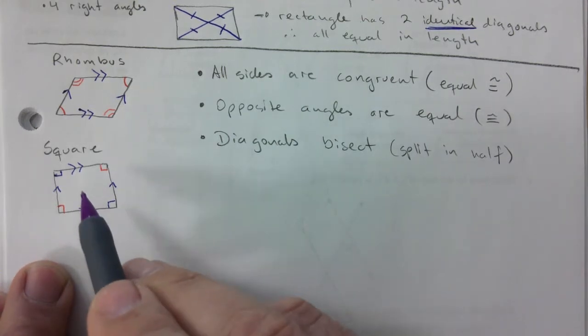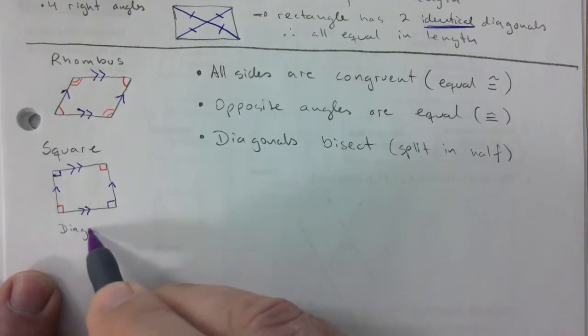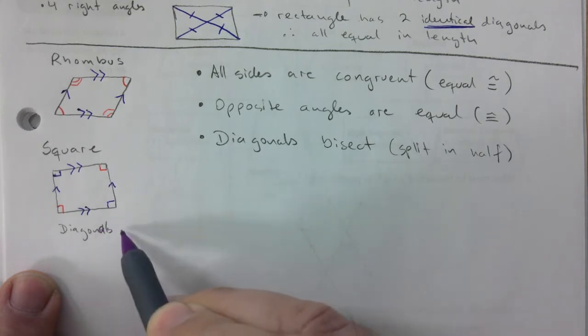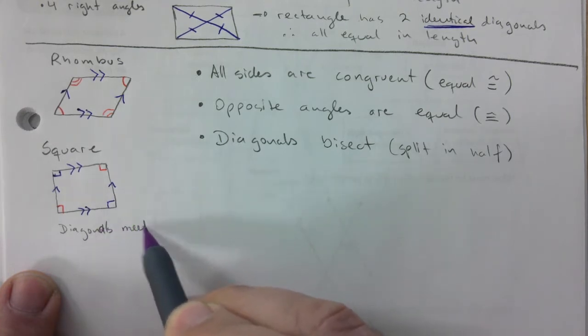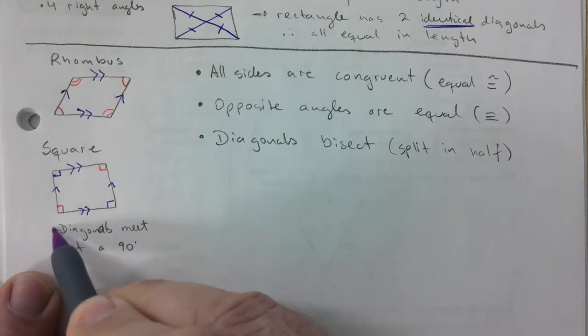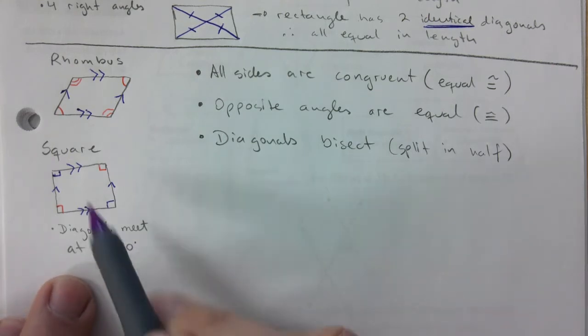And specifically to a square here, you can say that diagonals meet at a 90-degree angle. That's specific to a square. Okay, diagonals meet at a 90.